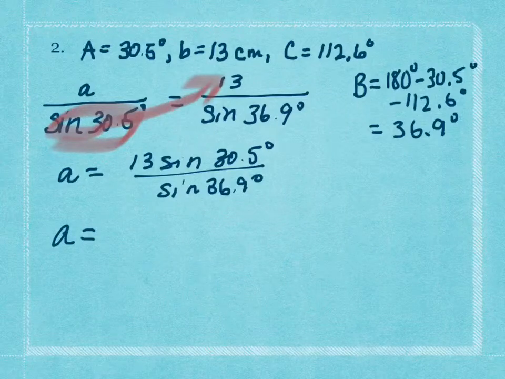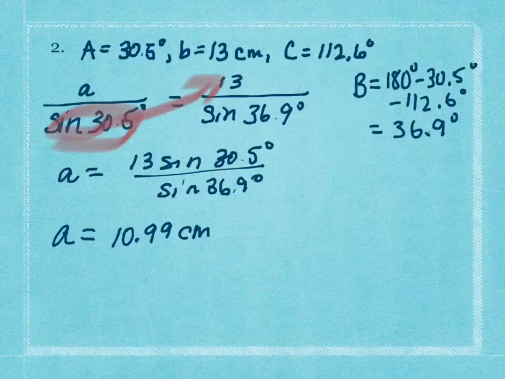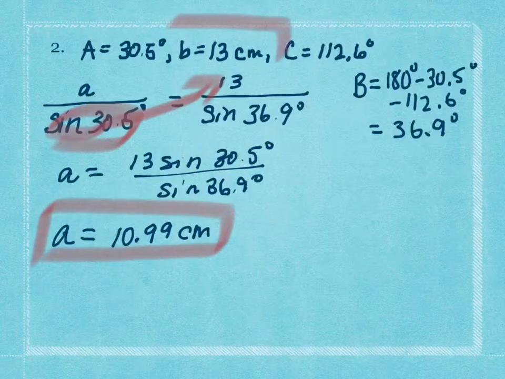What is side A? With 2 decimals. Always 2 decimals for our sides unless they say otherwise, okay? 10.99. That's correct. Good, and it is in centimeters, thank you. All right, so this is my side A. So now I have side A, which I need. I have side B, which I need. And what other piece of information do I need?